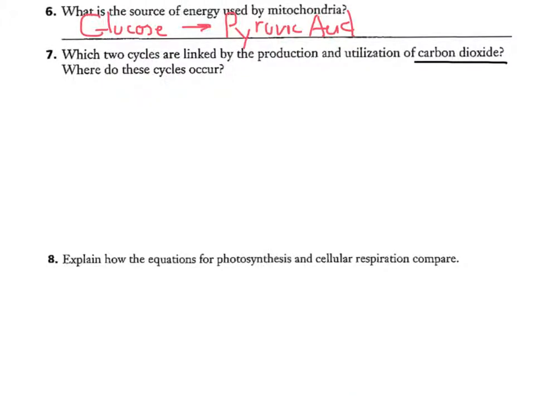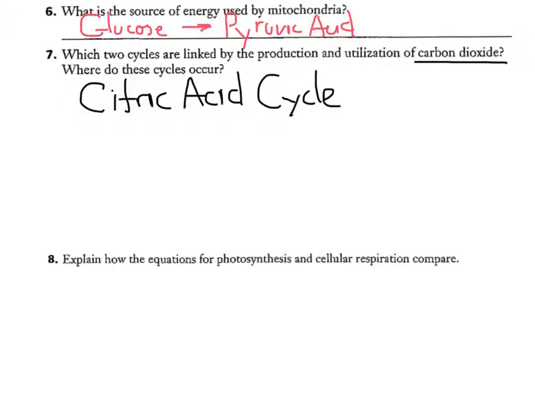So here are my answers on here. So I have the citric acid cycle, which is obviously in the mitochondria.